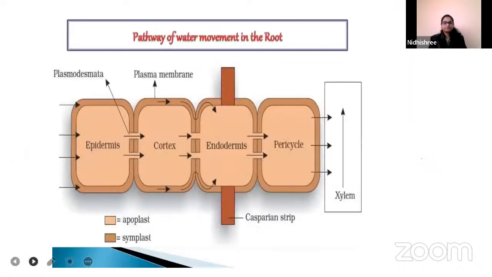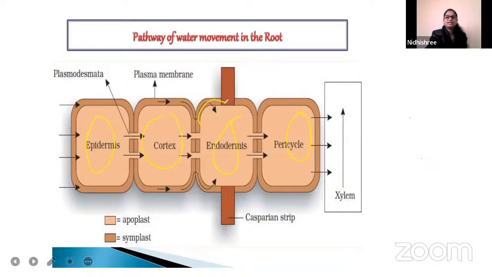Okay, next. Pathway of water movement in the root. So in the root, how the water movement takes place. Here we have to concentrate on two parts. One is apoplast. The other one is symplast. So the light color which you are seeing, this is called the apoplastic way, apoplastic part.